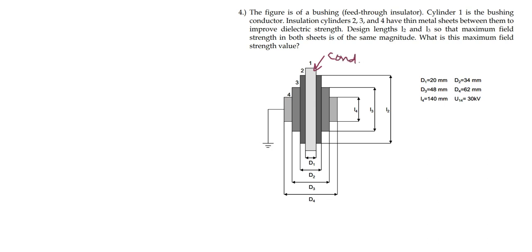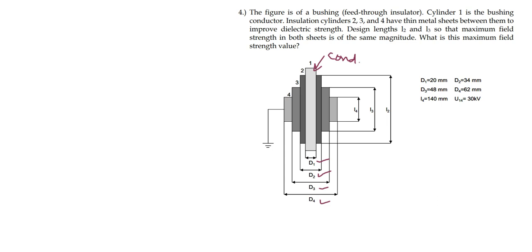then we have multiple layers of insulation, labeled 2, 3 and 4, and the diameters of each of them are shown here. Diameter of the cable is D1, diameter of the cable including the first layer of insulation is D2, then D3 and then D4 and so on.